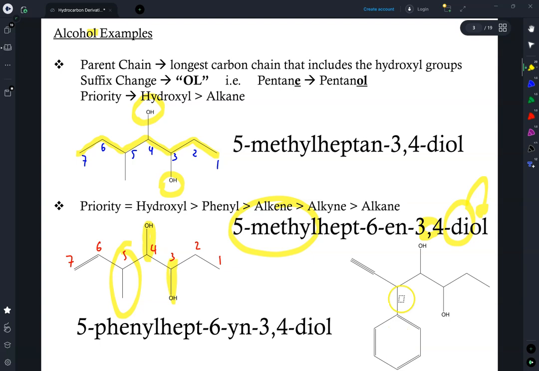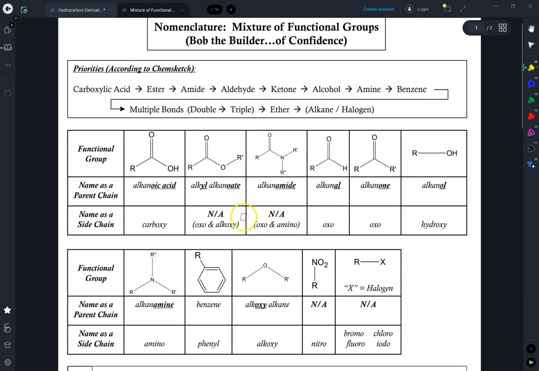All right, let's take a look at our last example here. But first, we need to take a little detour. When alcohols are high priority and they're part of the parent chain, we change their suffix to an OL. So alkanol, methanol, ethanol, propanol, butanol. But if I were to combine 2 or more different functional groups in the same molecule, one of these functional groups will have a greater effect on the function or the properties of the molecule.